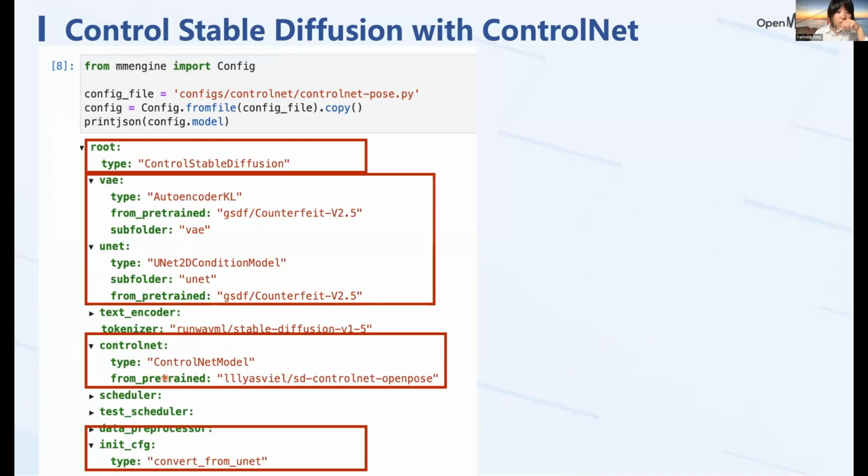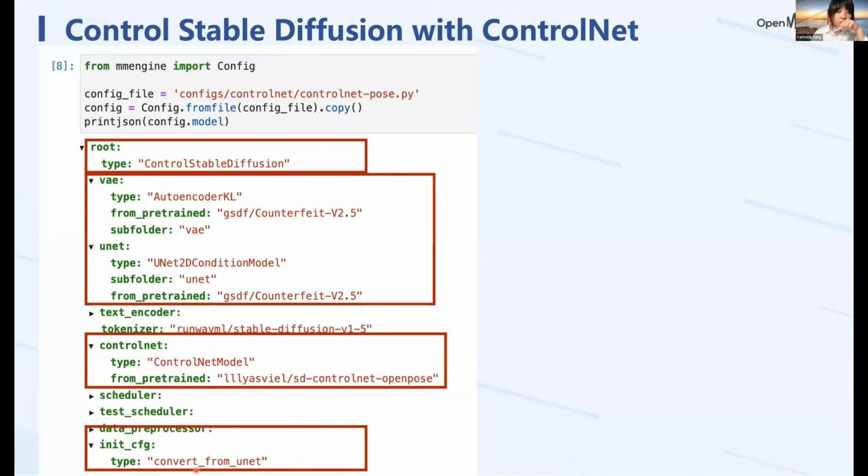We need to specify the ControlNet's model name as ControlNet model, and we provide the pre-trained path for the ControlNet weight. And we also need to set the type of initialization configuration for the ControlNet model weights.